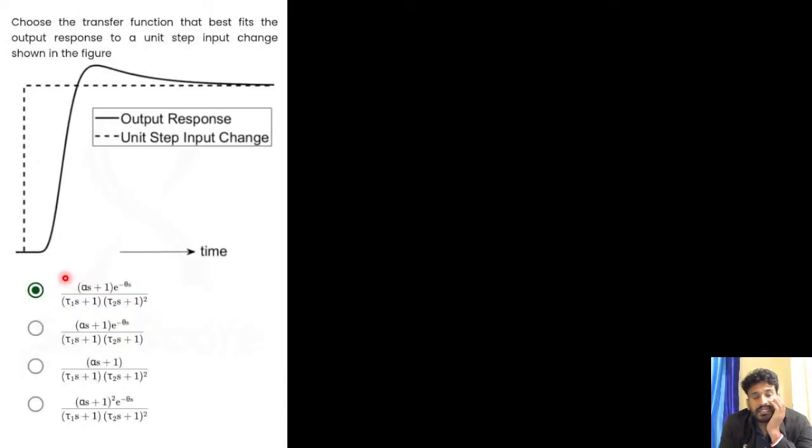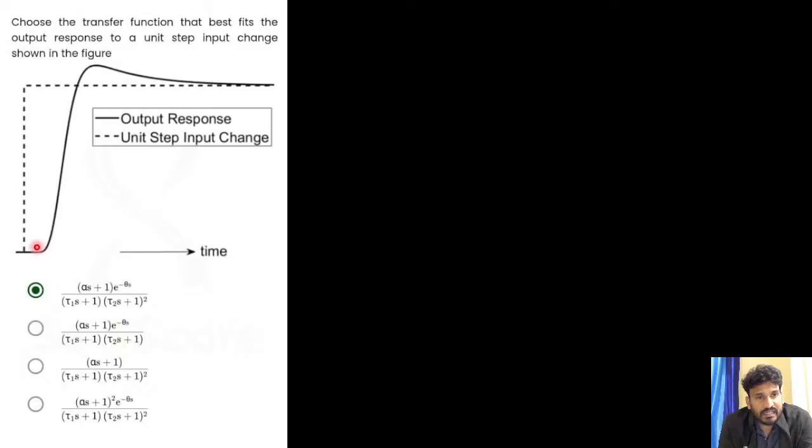My concept is saying that see this dashed line is the input, and this bold line is my output, and I can see that at this point input is given to the system, but I'm getting output after some time. After some time you can see here a rise.